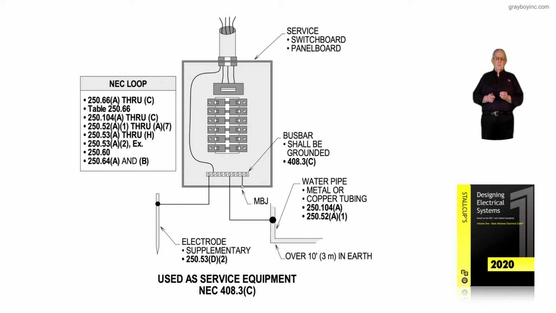Then notice we would make sure that the conductor is routed in and connected to the bus bar that is grounded in accordance with 408.3(C) to the water pipe.